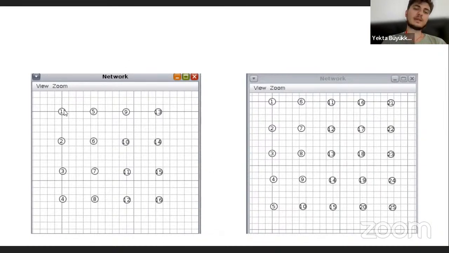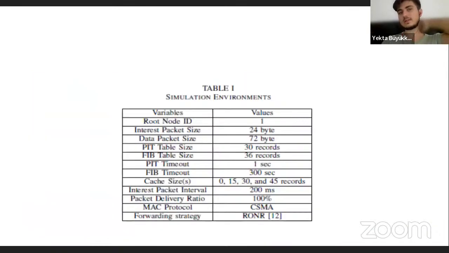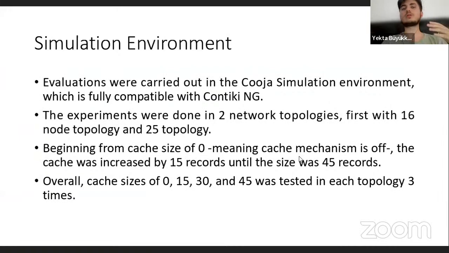These are IoT nodes, and each node has the code of our micro-NDN implementation compiled into it. In the simulator, you can run these things and simulate them with great ease. So this was the application we used to simulate the IoT devices.